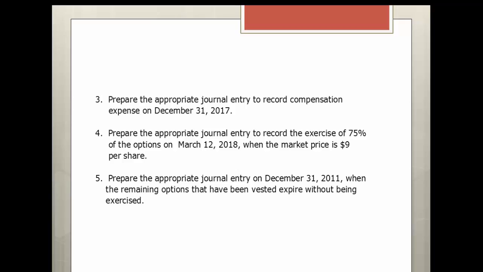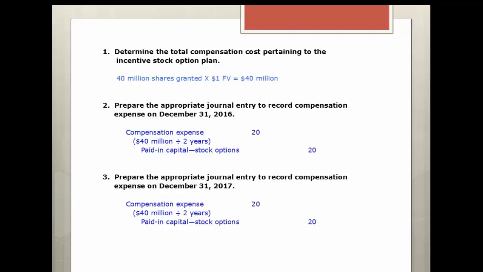So let's walk through this. I think we'll find this kind of interesting. So it's $1 per option, and one option gives you the option to buy one share of stock, and we're talking about 40 million shares. Therefore, the value is $40 million. This is a 2-year plan.